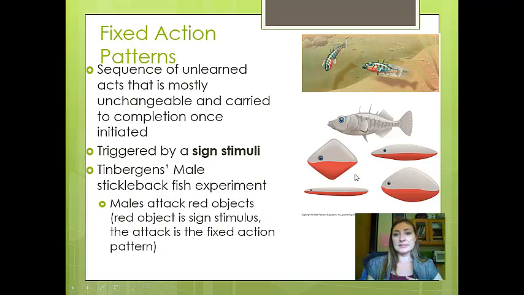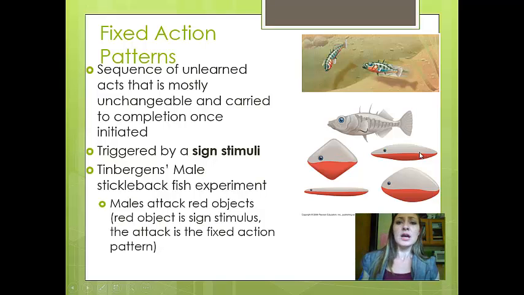Right here we see the stickleback fish. As for their sign stimulus, Tinbergen wasn't sure: is it seeing another male? What causes them to want to fight other male stickleback fish? So he designed an experiment where he had a replica male stickleback fish that did not have a red belly, and then he had various other shapes that did not look like a fish, but they all had that red belly.